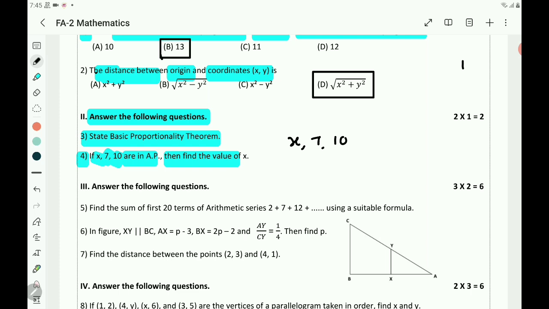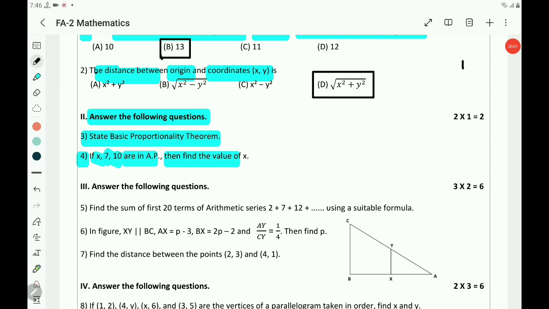One is by taking 7 as the average of x and 10. That is 7 equals x plus 10 by 2. Then by cross multiplication you will get 14 equals x plus 10. Then 14 minus 10 equals x. So you can write x equals 4.